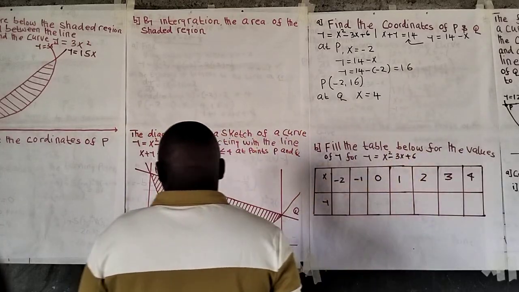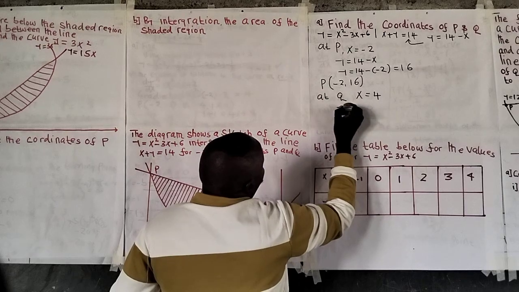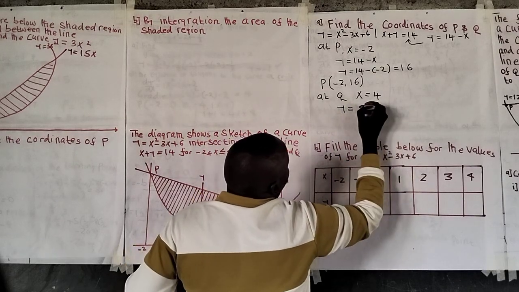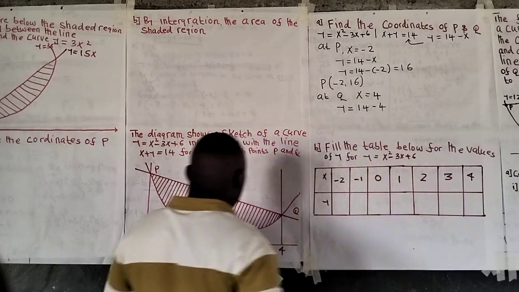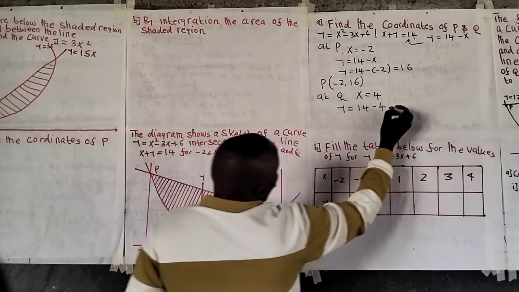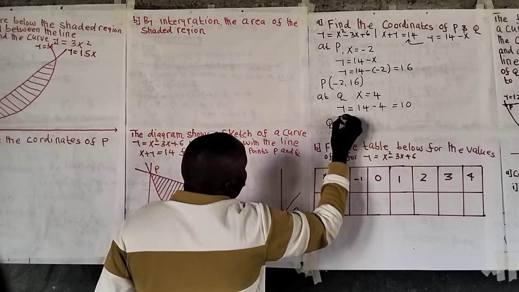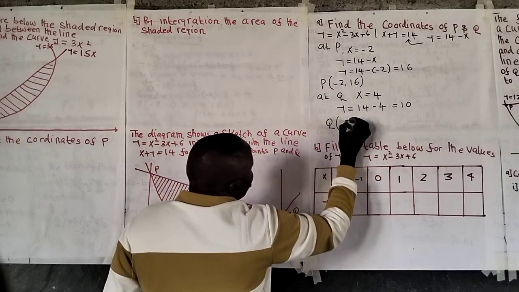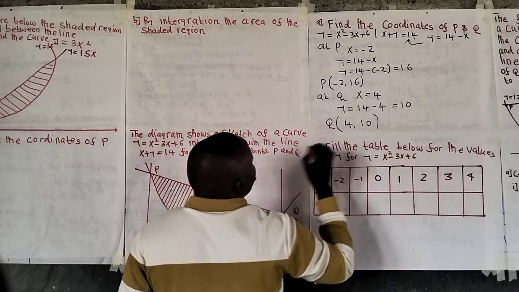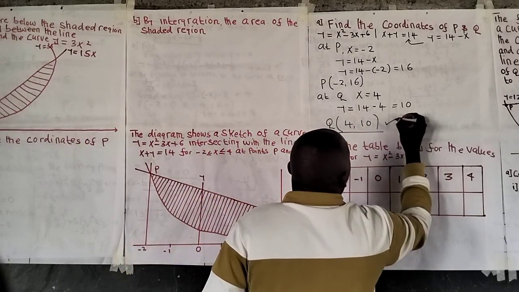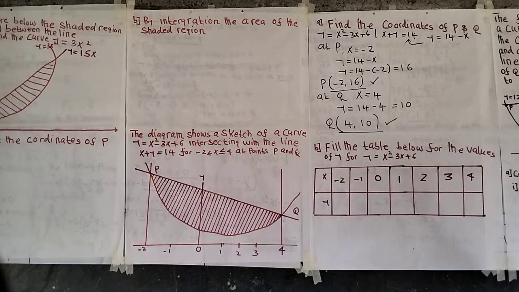We can also use that equation there: y is equal to 14 minus 4, which gives us 10. So the coordinates of Q: the value of x is equal to 4, the value of y is equal to 10. This gives us the coordinates of Q, and that one gives us the coordinates of P.